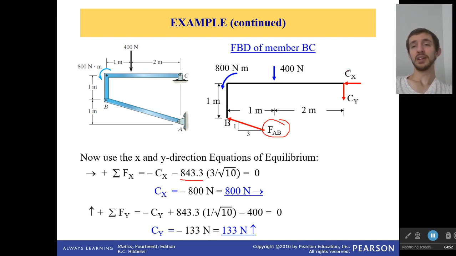So we see that Cx is going to be 800 newtons, but it's actually in the opposite direction. We've got a negative number here because we drew our arrow wrong. And then Cy is going to be 133 newtons up. And once again, we drew our arrow in the wrong direction. So it happens. You can draw your arrow in the wrong direction, and if you're uncertain about whether you have it right or not, don't worry about it. You'll just get a negative sign as long as you do everything else correctly.